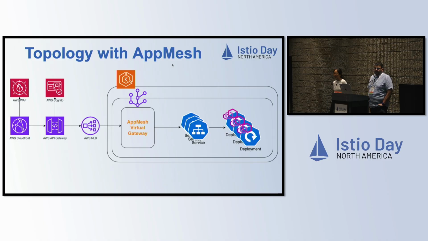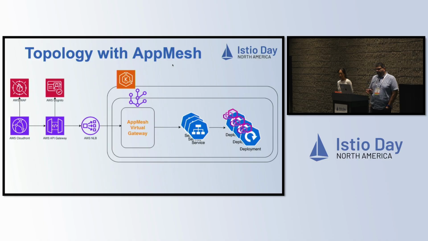So before migrating to Istio ambient, our topology for ingress using AWS App Mesh was like the figure displayed. For the ingress traffic, all the traffic goes through AWS CloudFront, which is protected by AWS WAF, and that is configured to forward to AWS API Gateway, which is integrated with AWS Cognito to do the authentication and authorization.